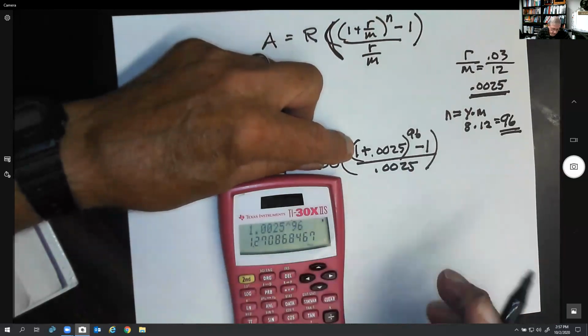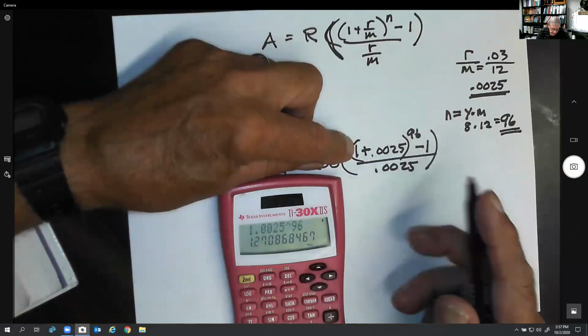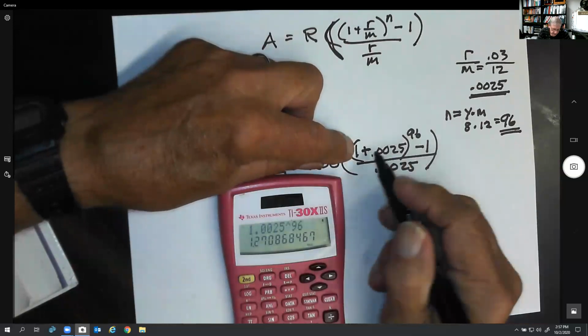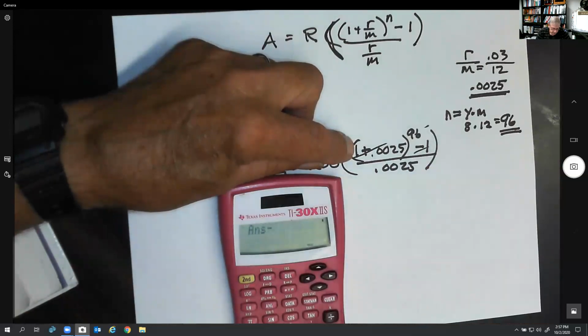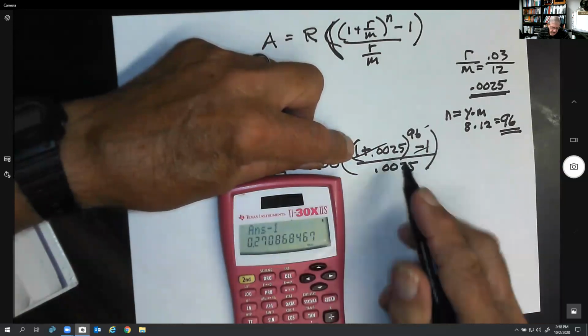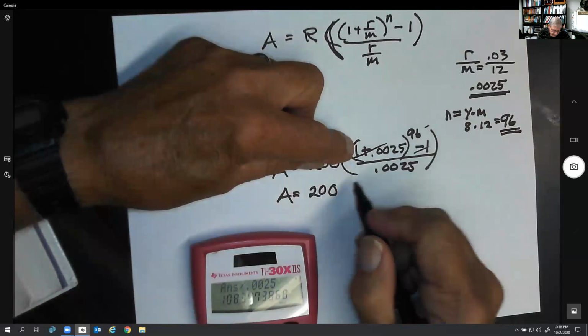If you did hit enter, it'll still work. But okay, then minus 1. Okay, I probably should hit the equal. Then hit divide 0.0025, equals. So that's what we got when we did the whole parentheses.